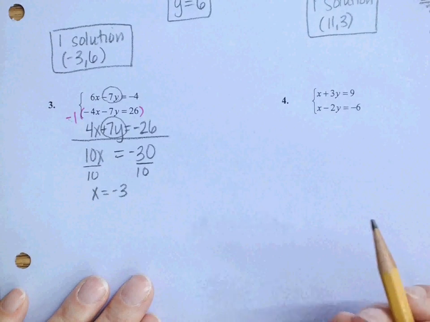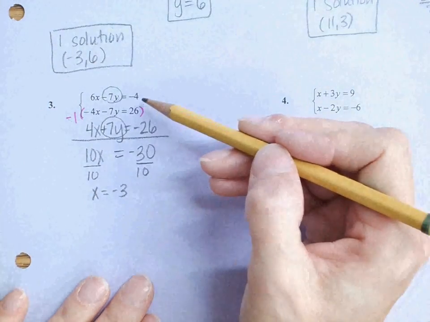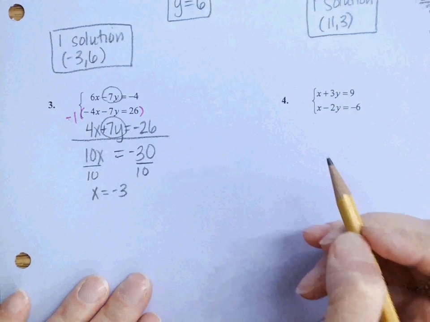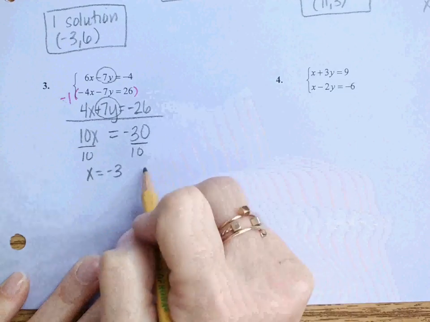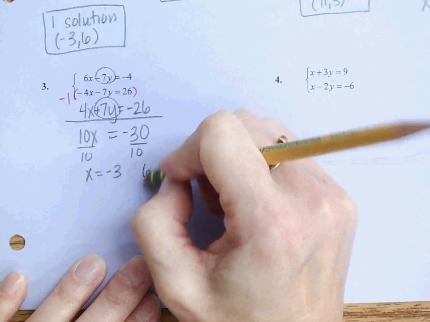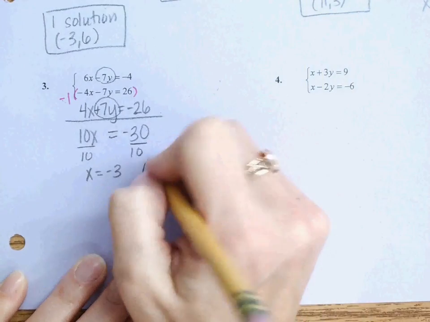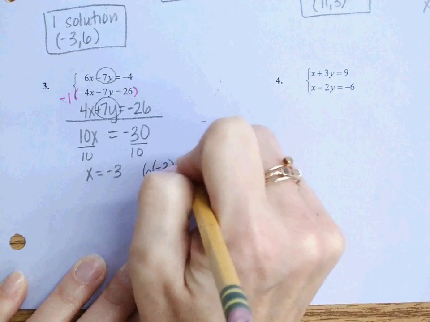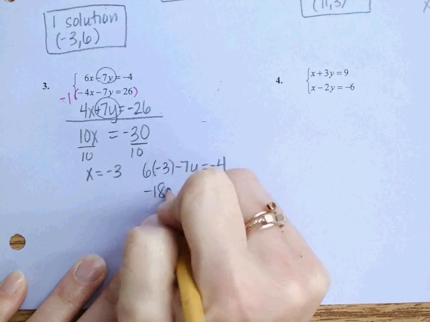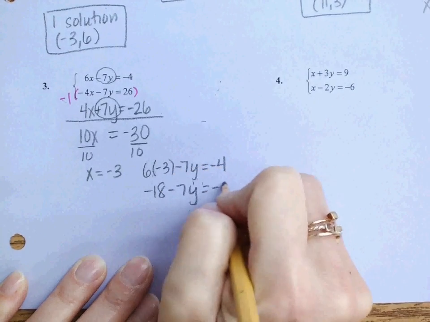Okay, now we just have to go back and solve for y. Again, it doesn't matter which equation you use. I'm going to just pick the top one. When I work with the top one, it's going to be 6x, oops, we'll put that -3 in for x. I get -18 minus 7y is equal to -4.